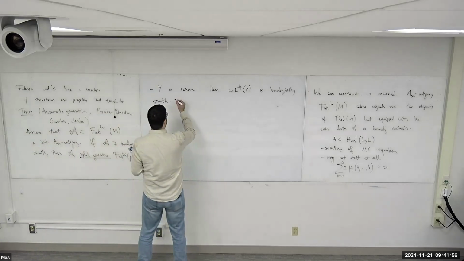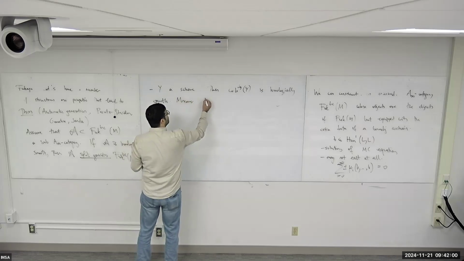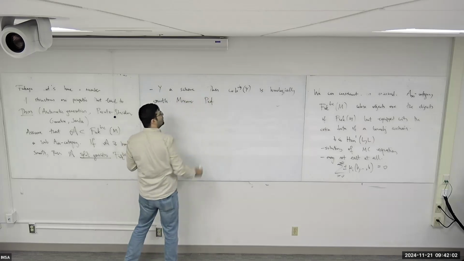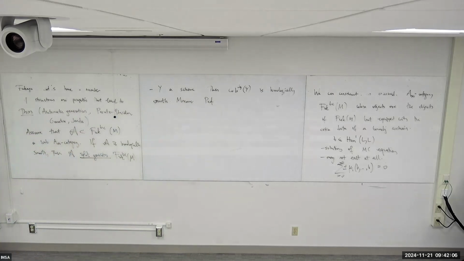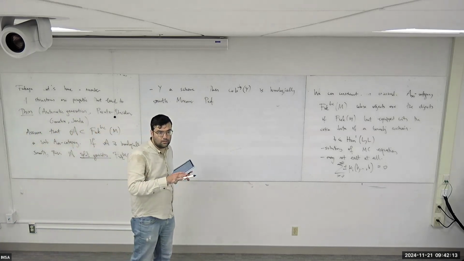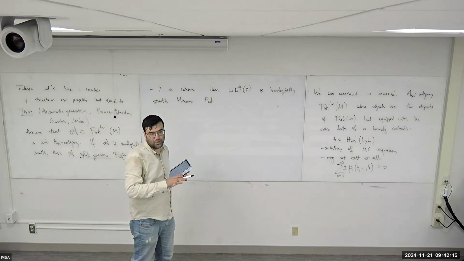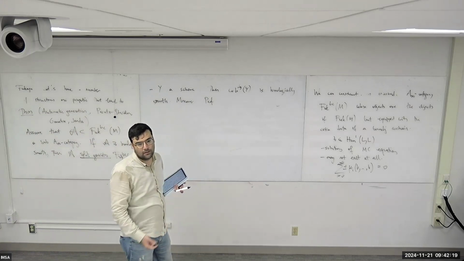Also, if you take a closed subscheme, is Perf also homologically smooth? It's not. This is a categorical property. It's not about a subscheme. It's about a category. You can just take the corresponding category as your variety and make the statement about that.